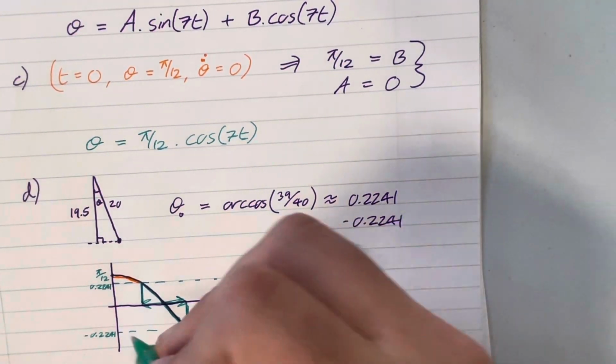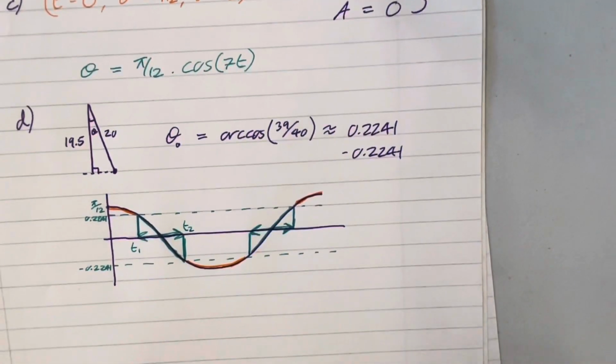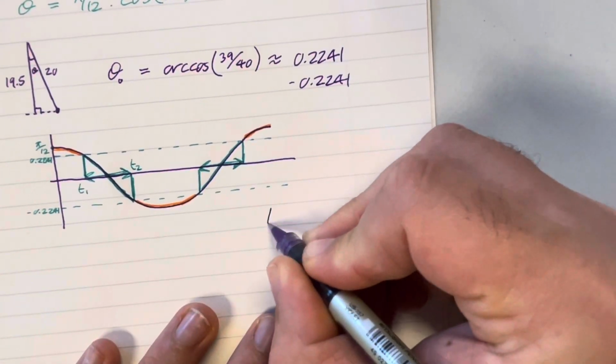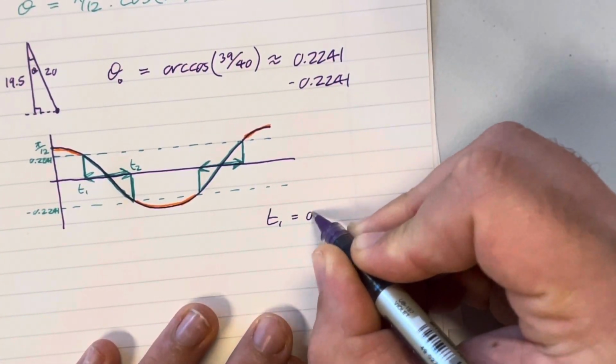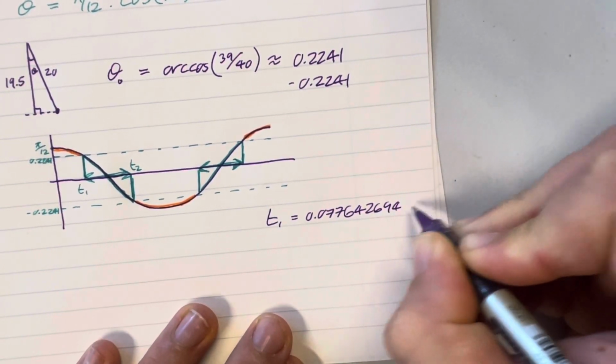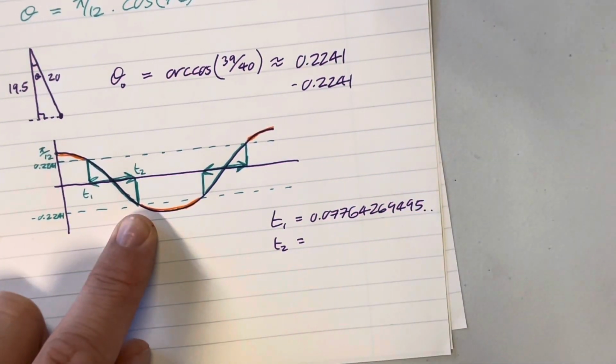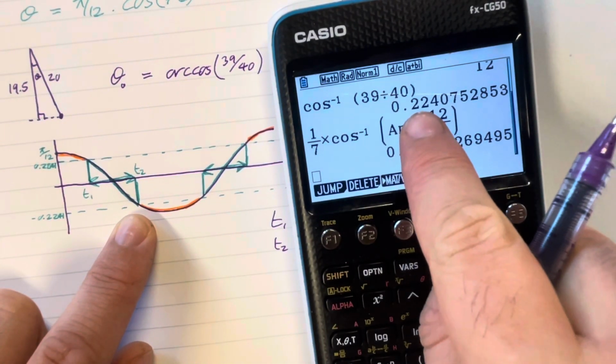Let's write that over to the side. So I'm going to put T1 and T2 there on my diagram so I can see what I'm referring to. And T1, according to the calculator, is 0.07764269495. And then to get T2, I'm going to do the same thing, except I want a negative in there.